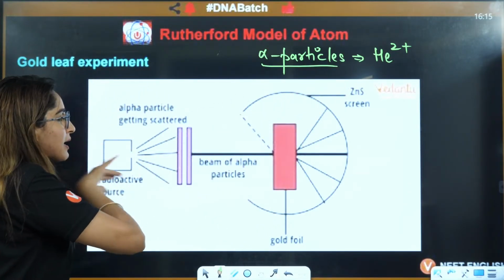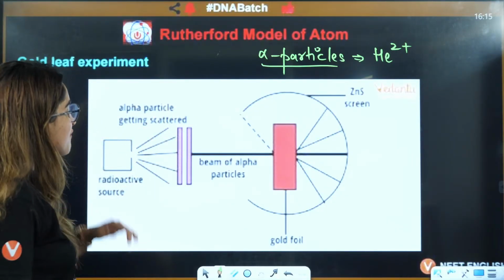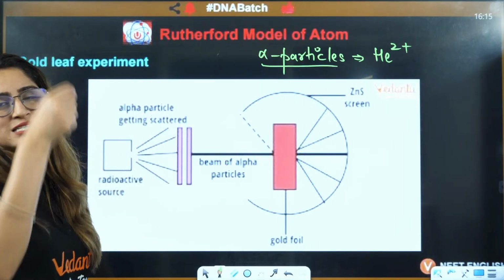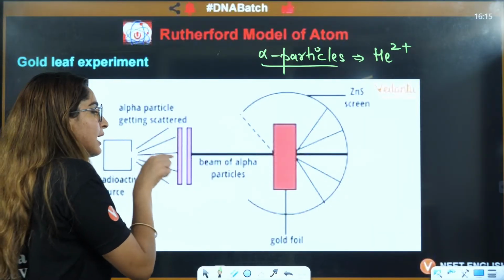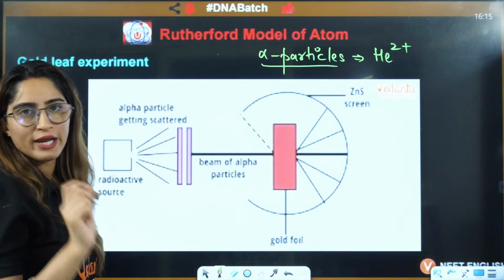They were coming out of the radioactive source, and these two slits were just to make the alpha particles into one line. Then this beam of alpha particles strikes the gold foil, right?